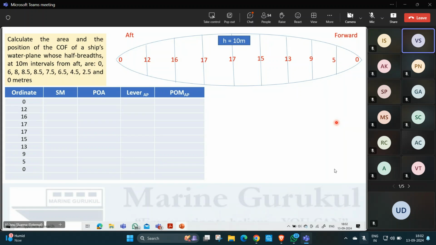My target is 10 questions today, but if it is 8 or 9, never mind. Please make the table and write down the Simpson's multipliers: 1, 3, 3, 2, 3, 3, 2, and so on, ending with 3, 1.